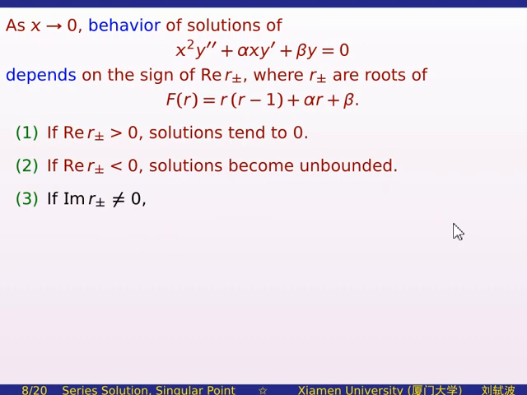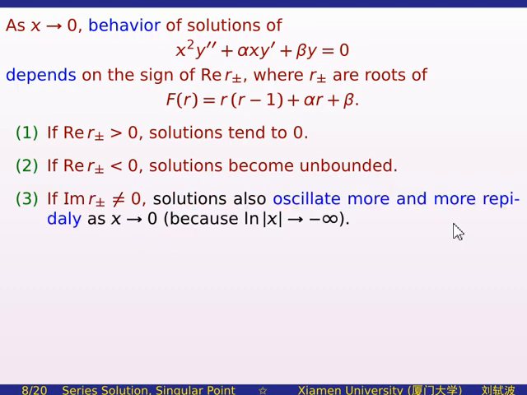And finally, if r has an imaginary part, that is, the imaginary part is not 0, it means that in the solution you will have cosine and sine. So the solution will oscillate, and also the frequency will become larger and larger. That is, it oscillates more and more rapidly as x goes to 0. Why is this the case?